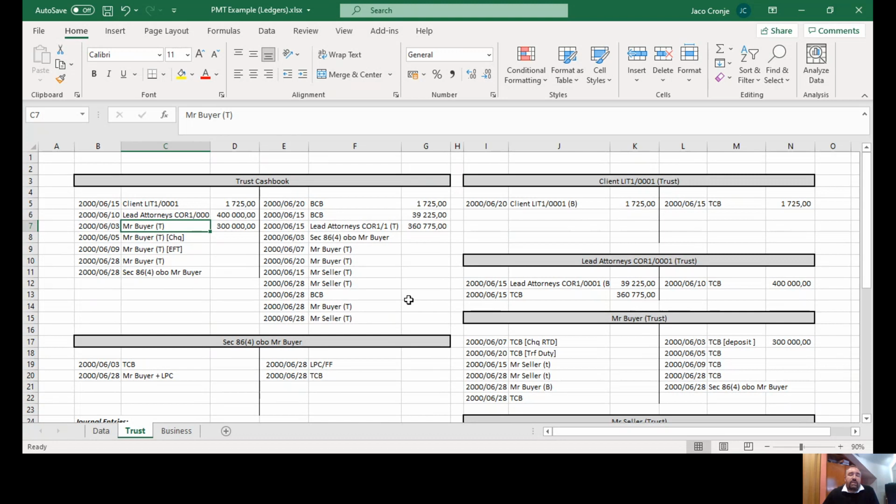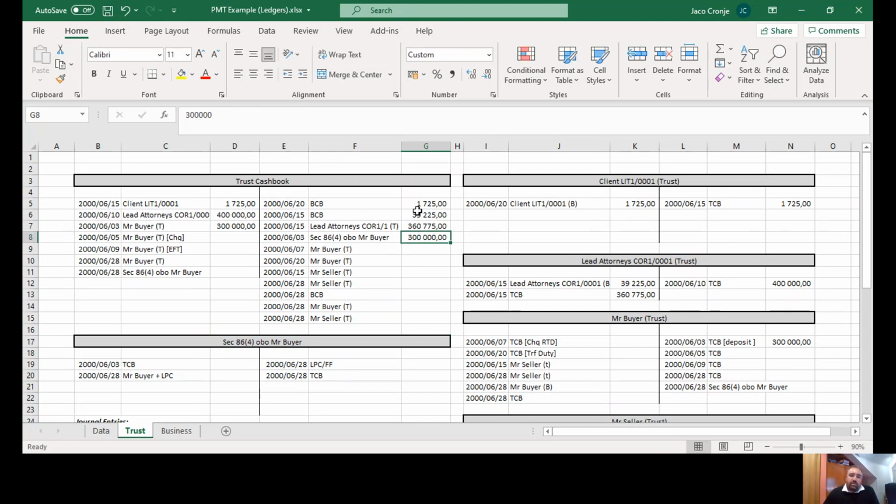That means we now have to go and physically open another bank account under section 86(4), and we've got to move the funds there. So if I move funds from my trust bank account to his investment account, will that increase or decrease my trust cash book? And the answer is it will decrease my trust cash book with 300,000 Rand.